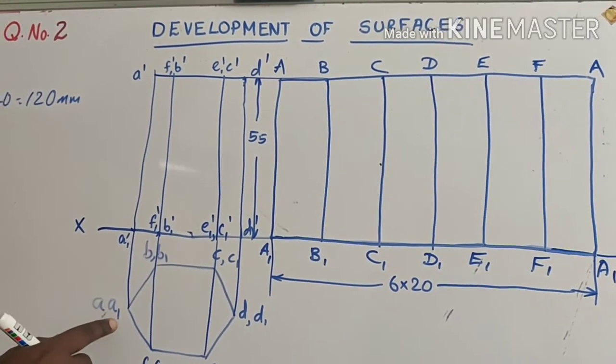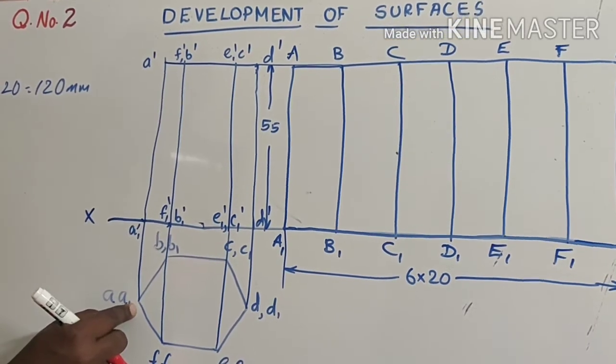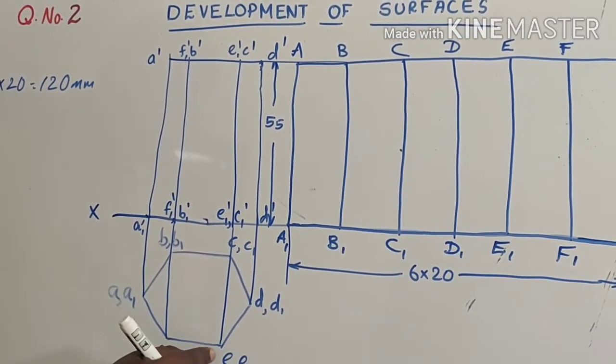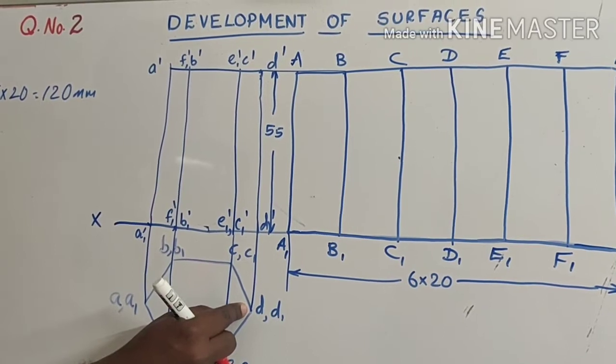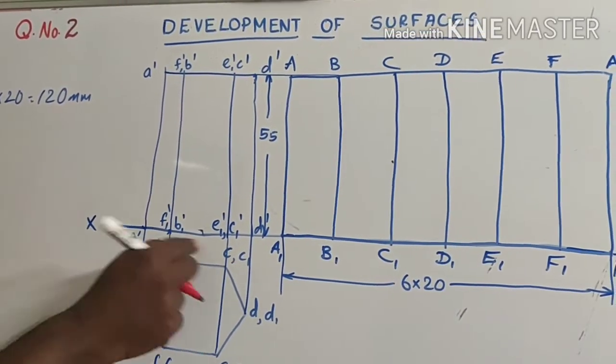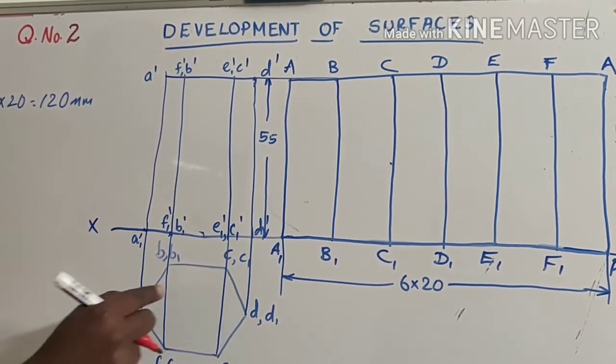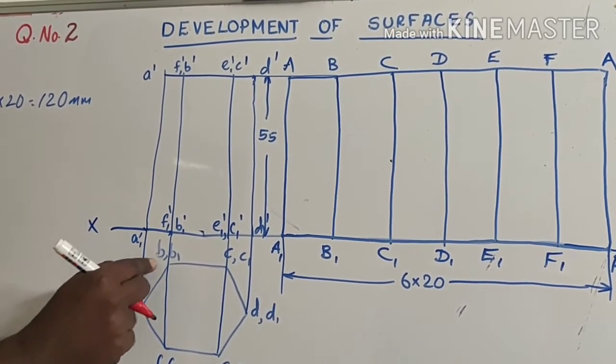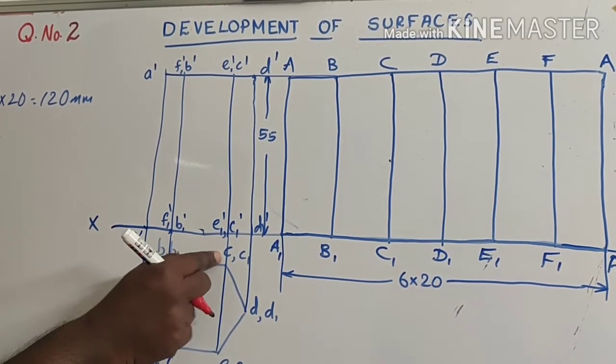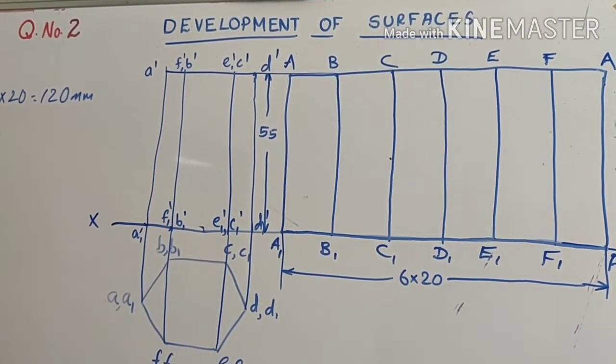It can go starting from A1, touching FF1, EE1, then reach D, or through the back side it can travel starting from A1, touching BB1, CC1, and reach D.